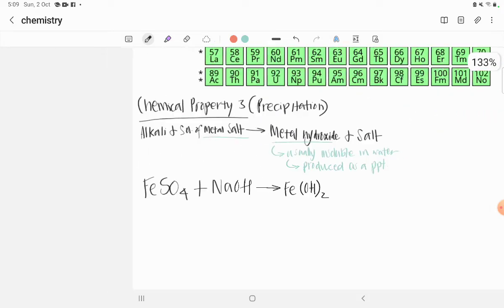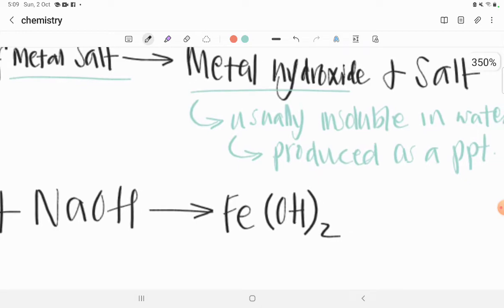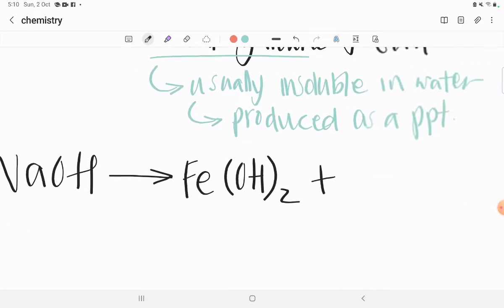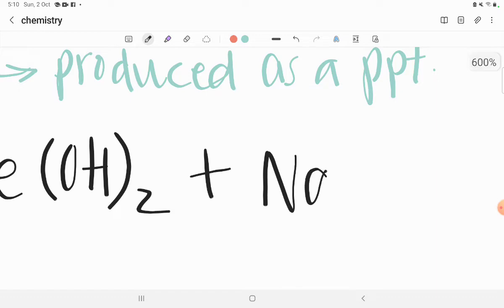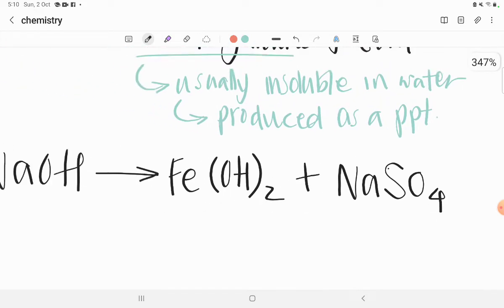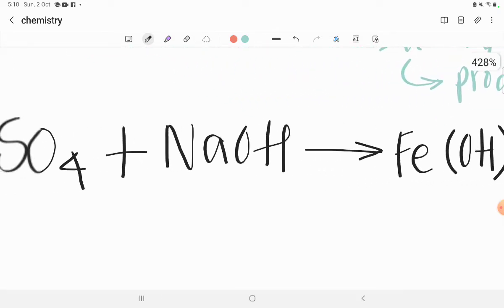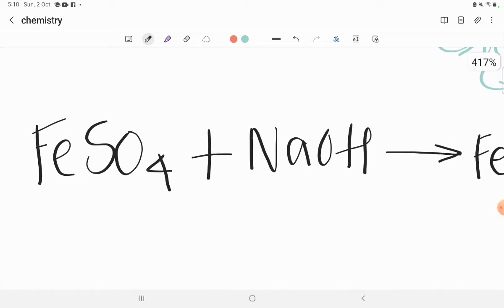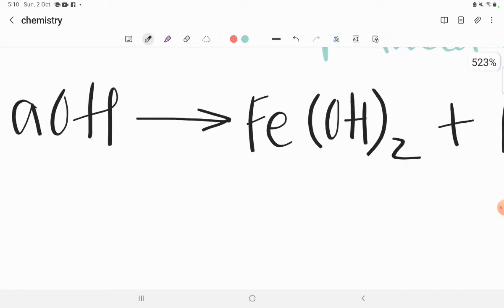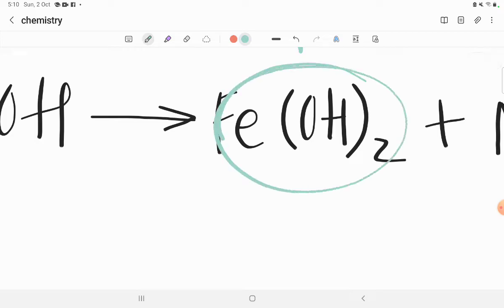So that is a metal hydroxide, because OH is hydroxide, and then we get Na2SO4, sodium sulfate, and there you have it. So when we are given an unknown solution and we add NaOH and the solution turns green, this is the thing that makes it green. Iron hydroxide is what makes it green.